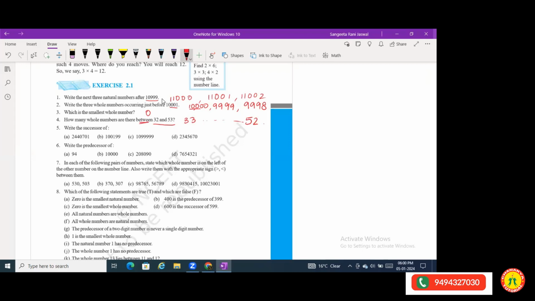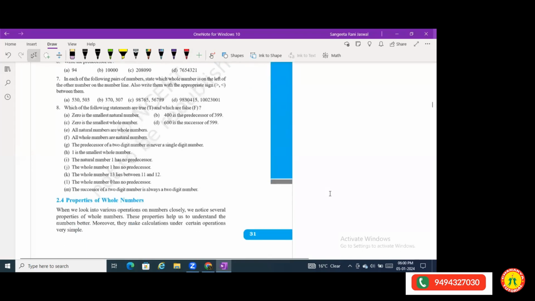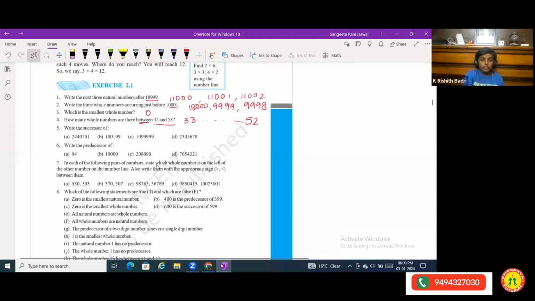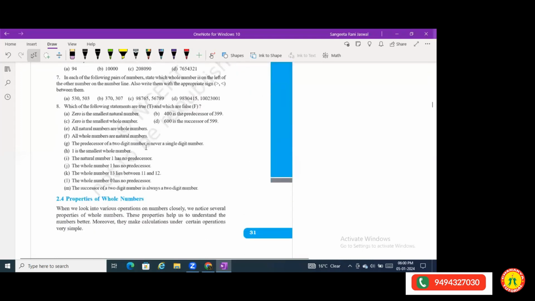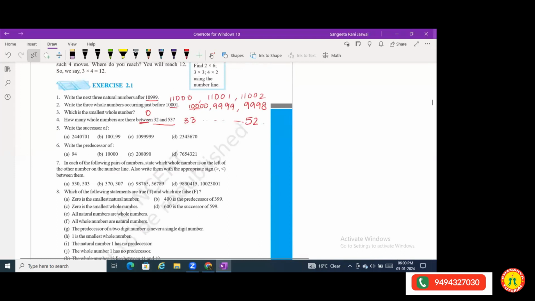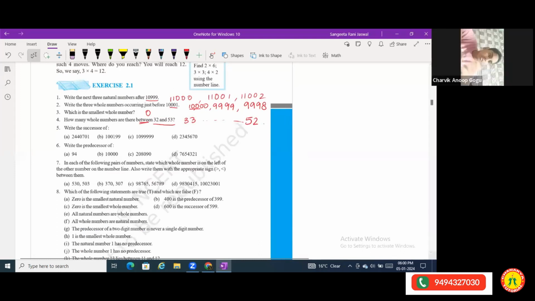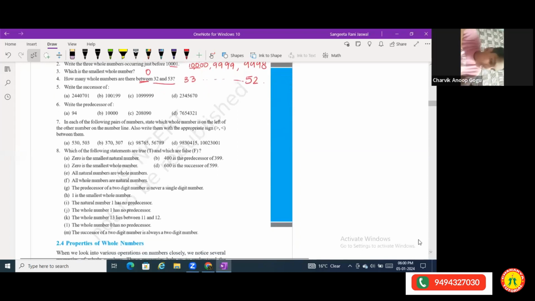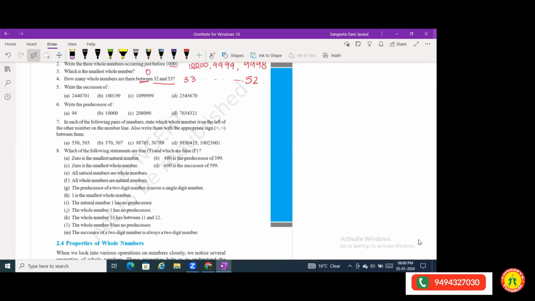Okay, write the successor of these numbers. You all please write in your notebooks and I'll ask each one of you one by one. Ma'am, can you scroll the screen up? Okay, Ashwath, you tell me the first one. The next number after this. Successor means the immediate next number after this.